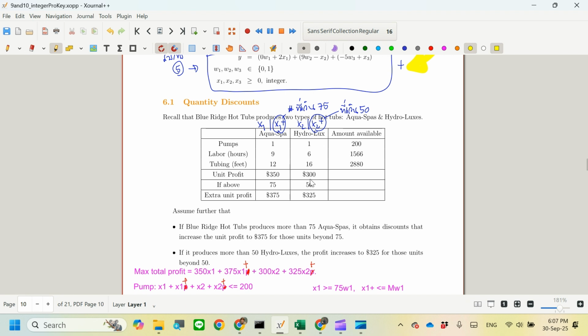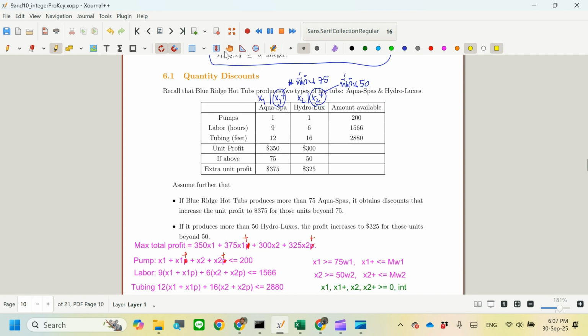So as we produce more, the unit profit is different and higher. Okay, this is what is explained down here.